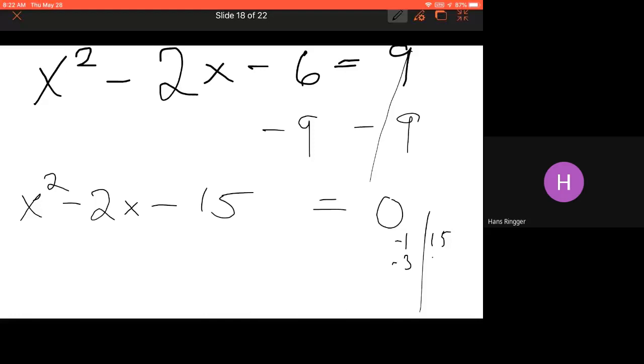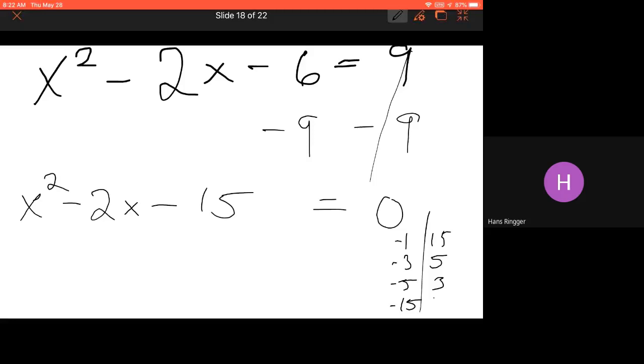We could have negative 5 and 3 and negative 15 and 1. I think those are all the factors that we can consider. Negative 1 times 15 is negative 15. Negative 3 times 5 is negative 15. Negative 5 times 3 is negative 15. And negative 15 times 1 is negative 15. So all of those work for the product side of this.